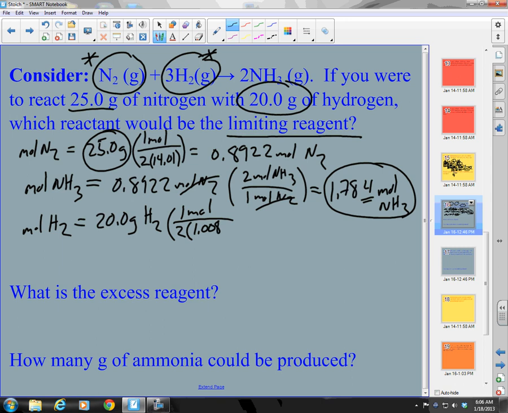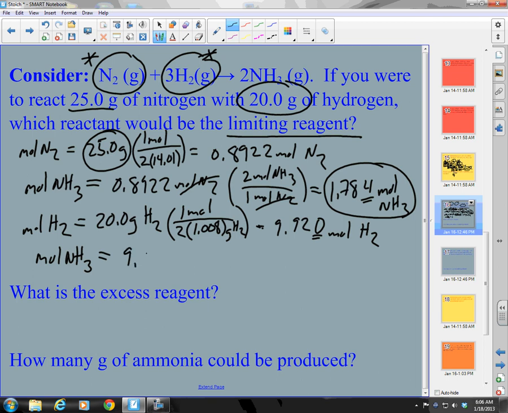Yeah, I remember I made my mistake the other day, didn't I? There we go. And what do I get? 20 grams divided by 2 divided by 1.008. And it looks like I get 9.920 moles of H2. Now, how many moles of ammonia could I get out of this?